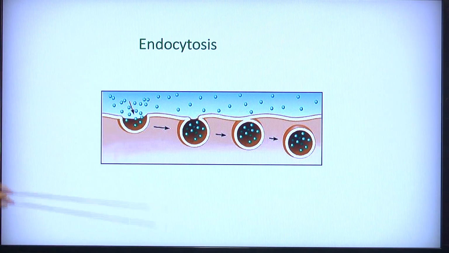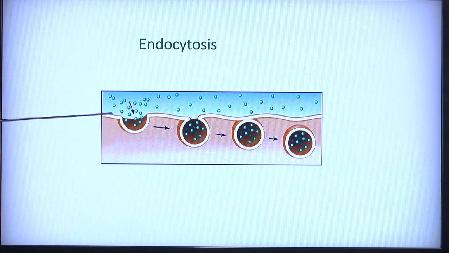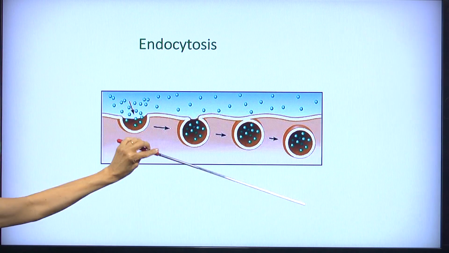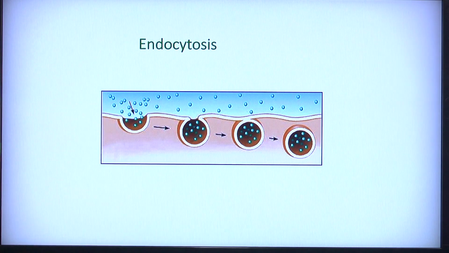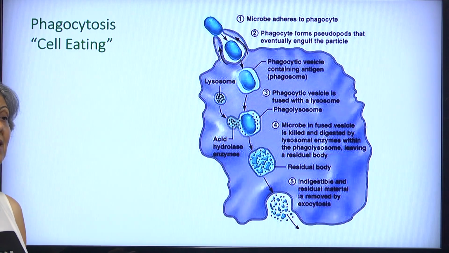If the cell is trying to take something in, it's a large particle. Again, part of the plasma membrane builds a vesicle, and this vesicle is transported in. The two entities of endocytosis, phagocytosis is cell eating, and this is a very important concept by which our immune cells destroy pathogens.